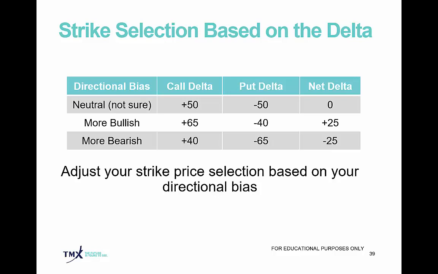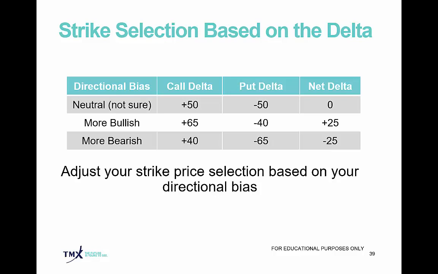So what does that mean? Well, I'm more in favor of the upside. Now, these are examples. I could buy a call delta of plus 70 and a put delta of negative 20, and that's going to increase my sensitivity to the upside for that net combination even more significantly. Right? So it all depends on how bullish you are in terms of your strike price selection.